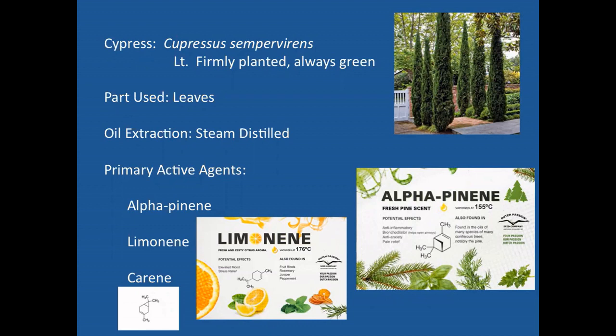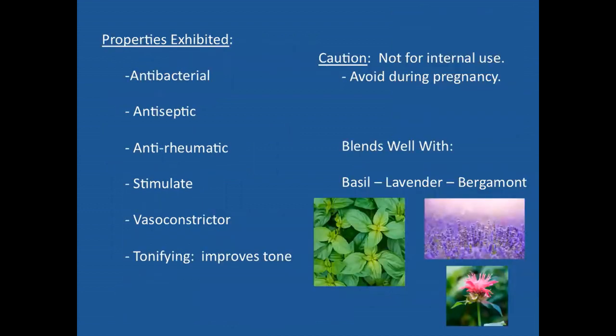The limonene can have effects that elevate the mood and are helpful in stress relief. It's found in various fruits, juniper, rosemary, peppermint, and also in the cypress. Some additional properties: antibacterial, antiseptic, anti-infective, anti-rheumatic, a stimulant effect, and vasoconstrictor.